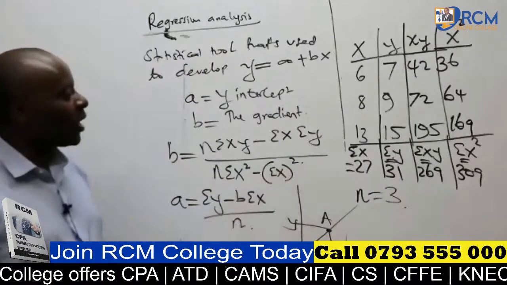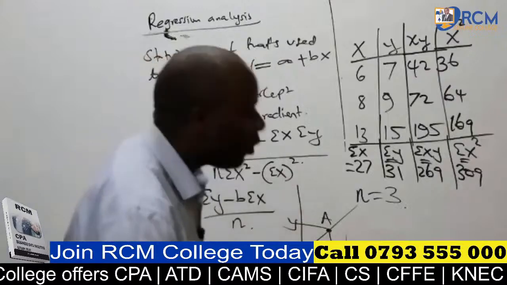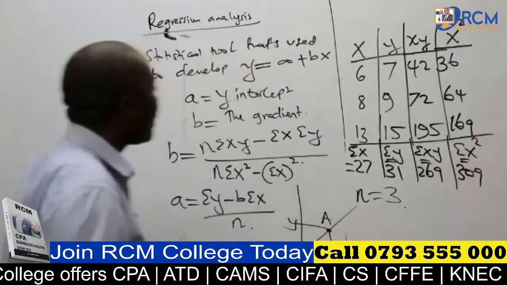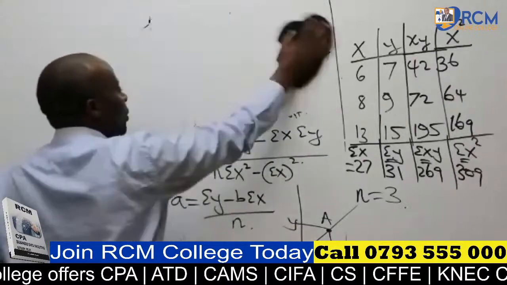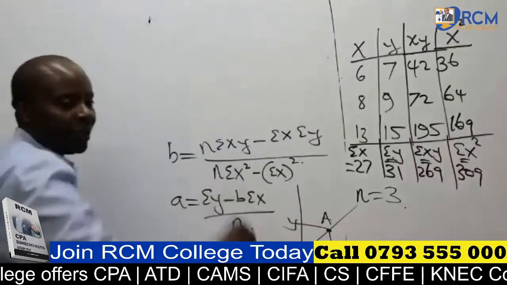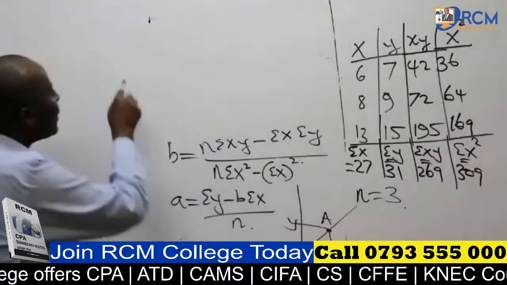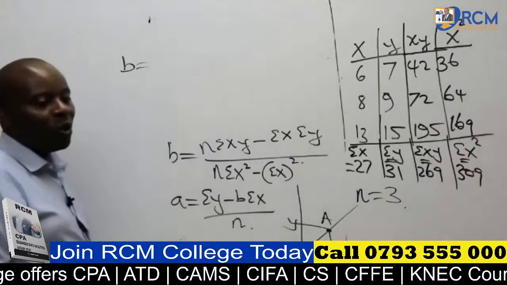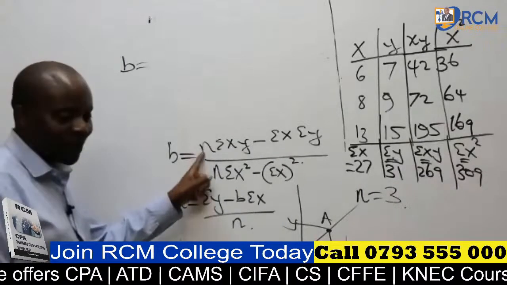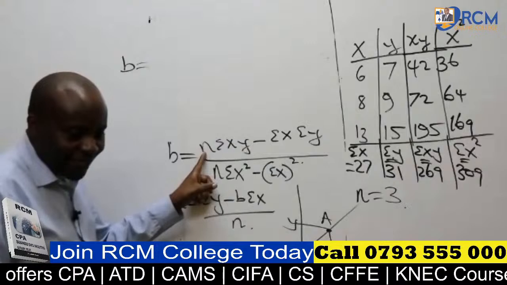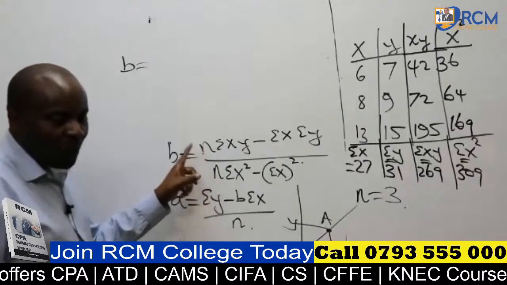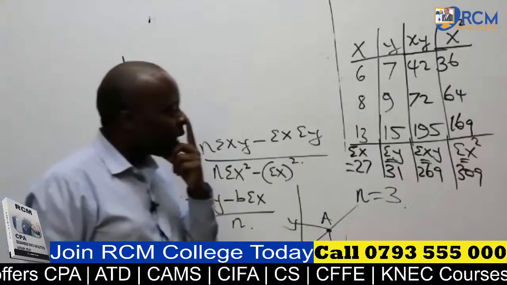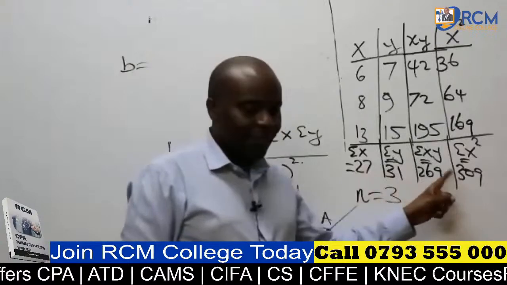Please don't count the totals. Ladies and gentlemen, the next thing now is to plug in the values that we have in the formula. So please give me here the value of B. Somebody look at this. They want me to start with N. Oh, Brian tells me to interchange 269 and 309.